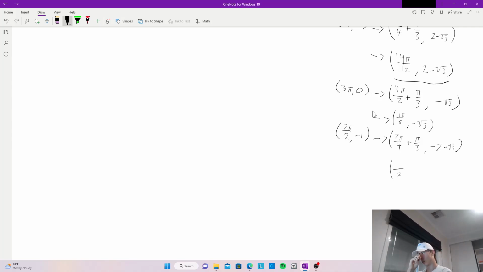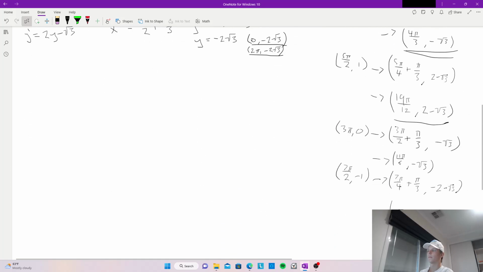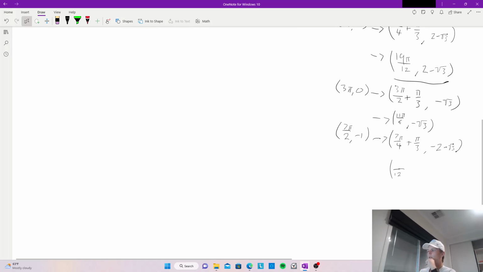I'm getting something wrong here, I think. 21. I've done something wrong. Why am I getting this wrong? I'm going to times this by 3, so you're going to get 21 pi and then plus 4 pi.